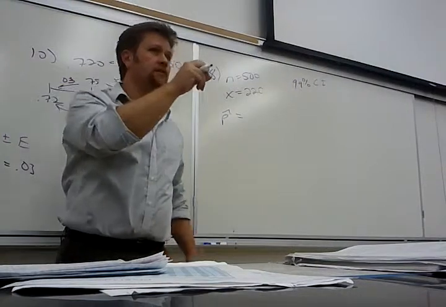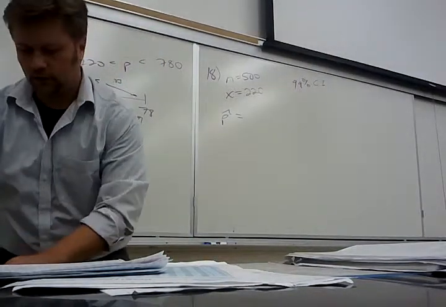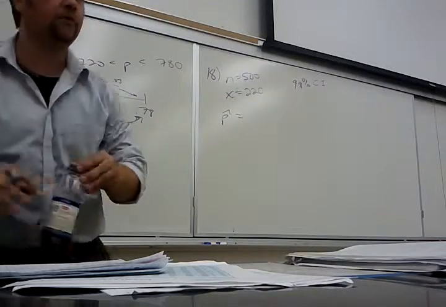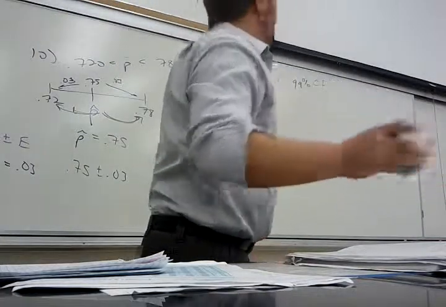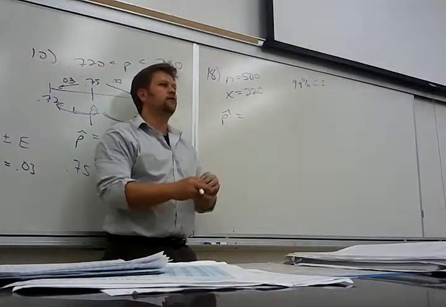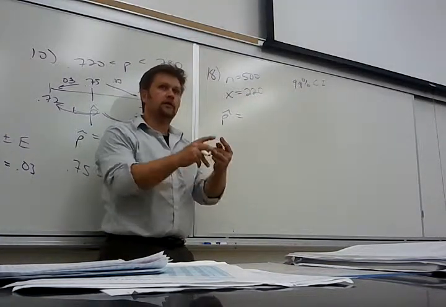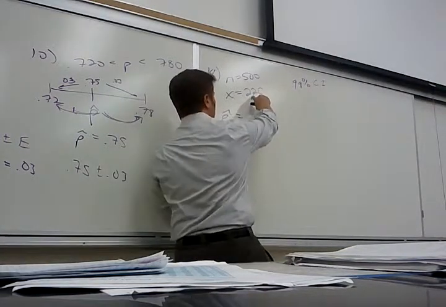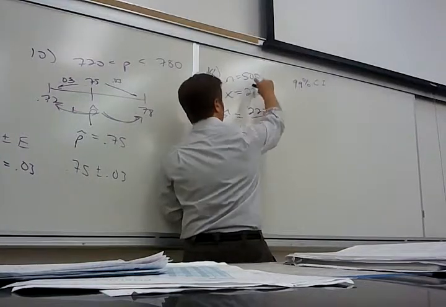What does p hat represent? Say again? Percentage from the sample. All right, well, how many did I see in the sample that matched what I looked for? 220 out of 500. So that's how you get it. The percentage is always part divided by whole, right? So 220 people were successes out of 500 total.